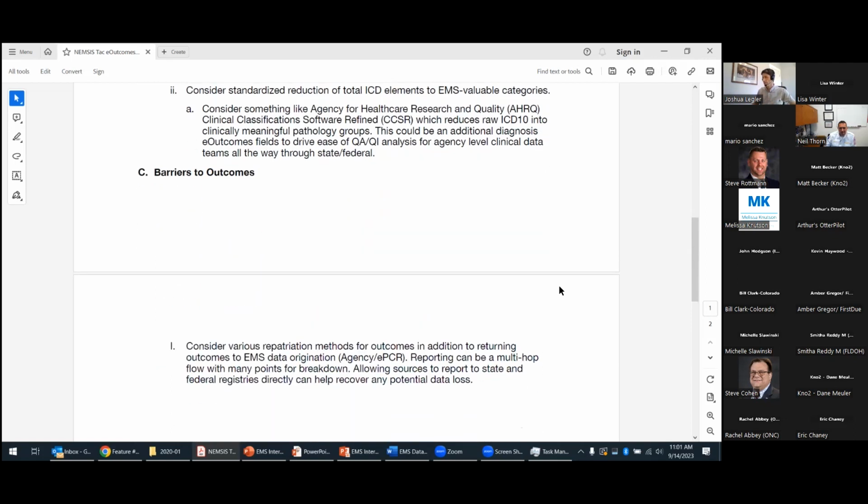And in terms of barriers, various repatriation methods for outcomes, in addition to returning outcomes to EMS data origination. Reporting could be a multi-hop flow with many points for breakdown. So I think we saw that from WISHIN and from RWJ Barnabas Health, that this patient spends a varying amount of time in the hospital portion of their care, and lots of stuff might happen over that period of time.